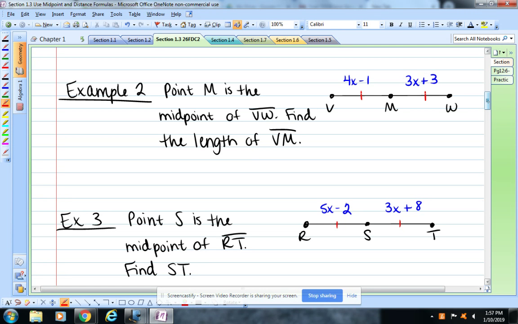So how would I get an equation? You make an equation. How do I make an equation? Yep. But what do I know about them? They're the same. What's another word for the same? Equal. All right. Good job.